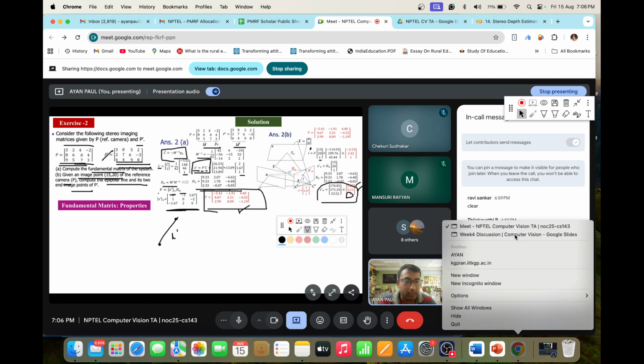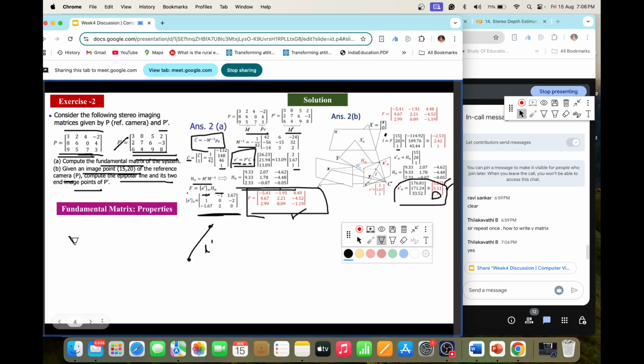So let me tell you the trick. You have a capital X, given by, let's say, small x, small y, and small z. Now you have to find the skew symmetric matrix of this capital X. Earlier it was a 1 cross 3 or 3 cross 1, whatever you call it.